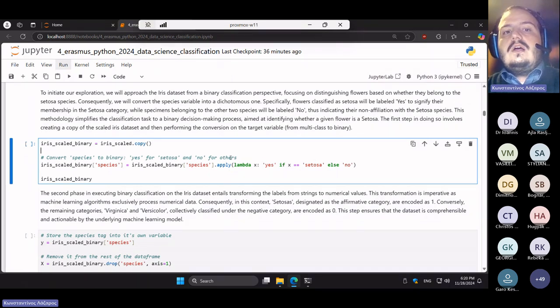For example, whether my email is spam or not. And we can do the same thing with Iris. We can simplify what we run with, and we're going to see how we do this a bit later on.